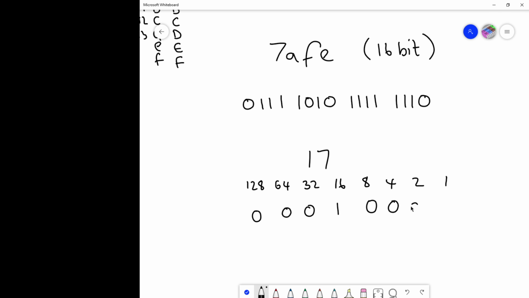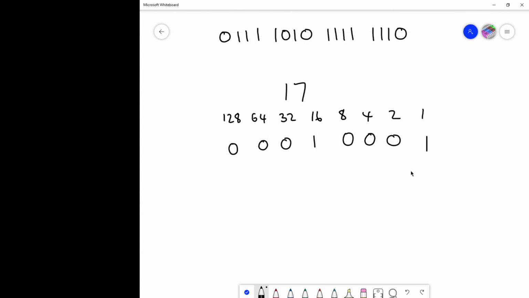And then just the one. So I've written the binary, and then I've got to convert it to hex. So I'm just going to do that 4 and that 4. So it's going to be 1, 1. There are other ways of doing decimal to hex. I will leave you to look those up if you want. I don't want to make it more complicated.